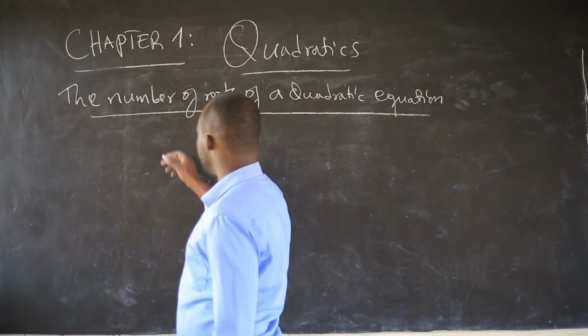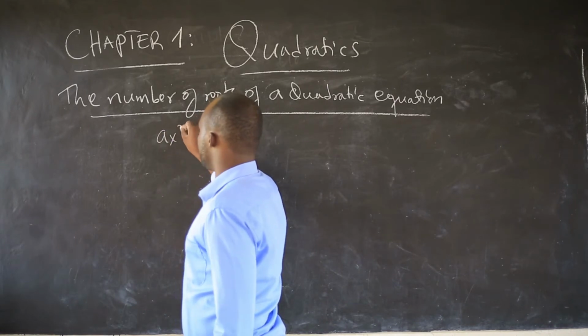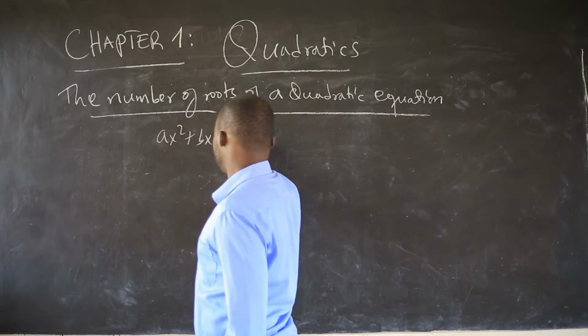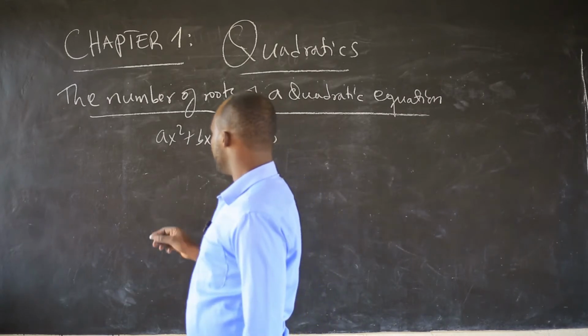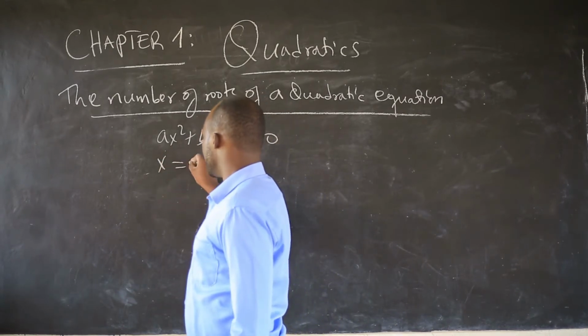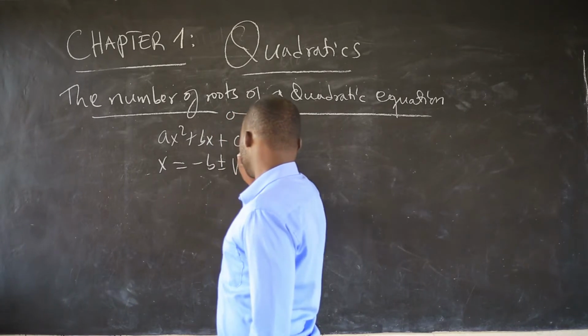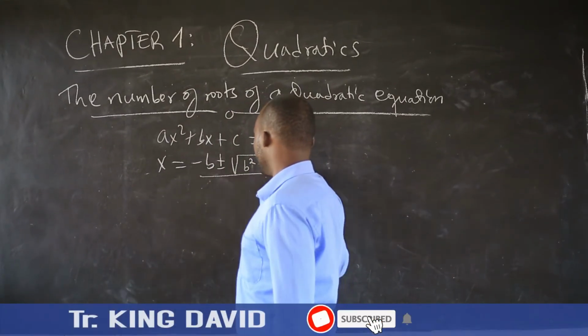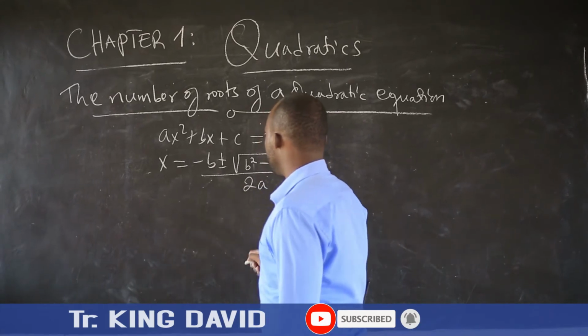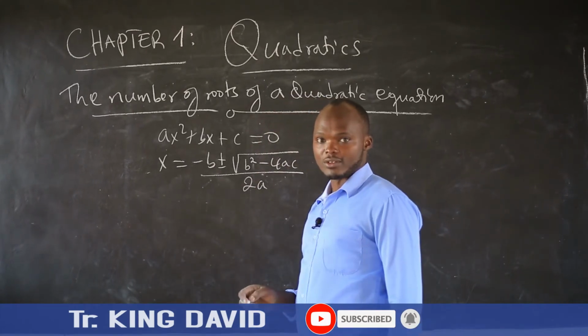Remember, a quadratic equation is of the form ax squared plus bx plus c equal to 0. When you want to solve that quadratic equation, you can use the quadratic formula, where x is negative b plus or minus the square root of b squared minus 4ac, divided by 2a. But to get the solution, we consider the value of the discriminant.